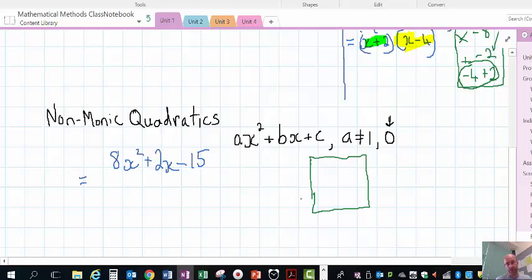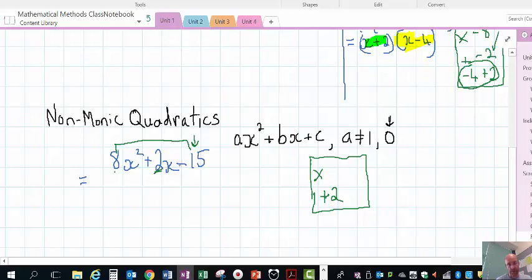So we're still after two numbers that add together to give us the coefficient of the middle term, which is b. Two numbers that add together to be 2, positive 2 in this case. We want two numbers that multiply together to be not just the minus 15 there, but the product of these two terms, a and c.